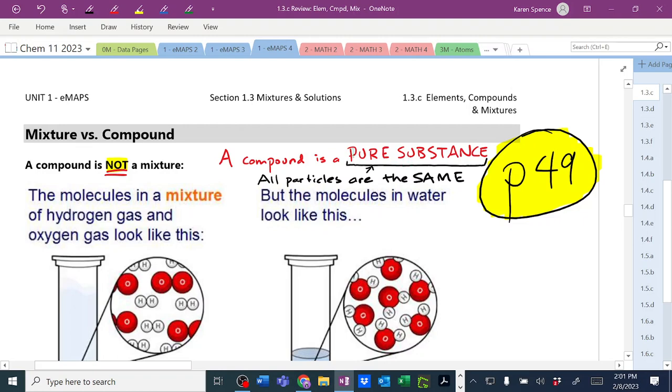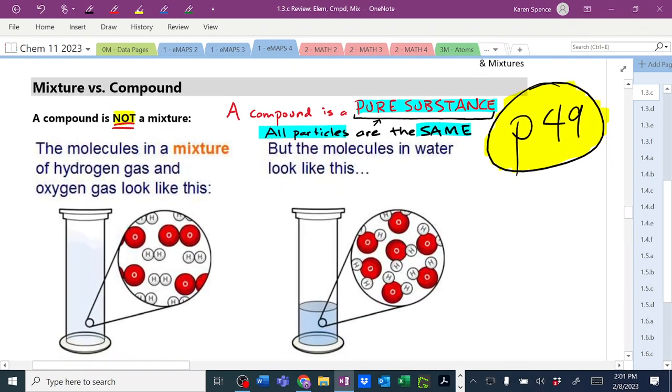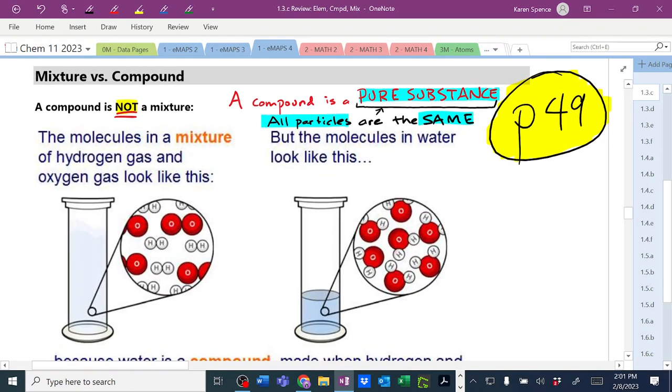So if we have a pure substance, all the particles are the same as each other. So both of these samples of matter, the sample on the left and the sample on the right, contain hydrogen and oxygen.